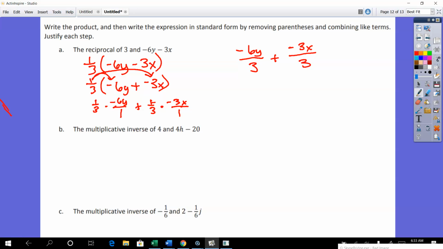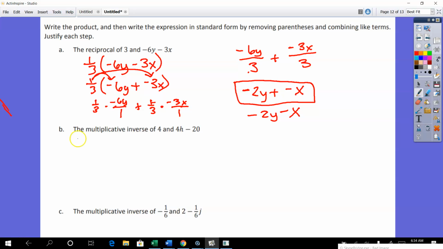So negative 6 divided by a positive 3, there's one negative sign here, so this is negative 2y, plus there's one negative sign here, so this is a negative x. And we cannot combine those. There's y, there's x. They're not the same thing. Oh, wait, but I do see 2 signs, so I should rewrite this. Negative 2y minus x.